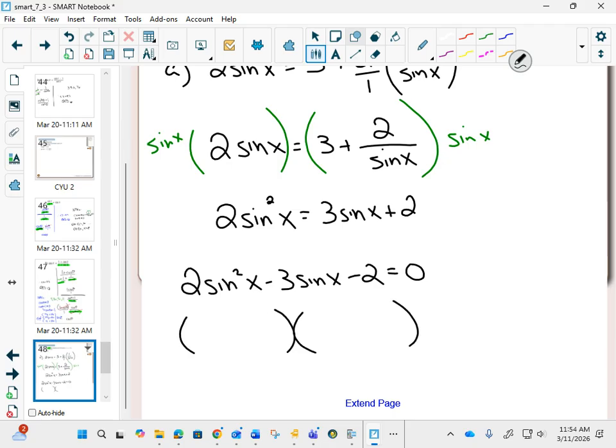If you did attempt to factor, if you don't like factoring these ones, go to your quadratic formula. But this one's not hard to factor because the first one being a 2 only gives you one option there. It has to be 2 sine x and sine x. The last number being a 2 technically gives you two options. It's either 2 and 1 or 1 and 2.